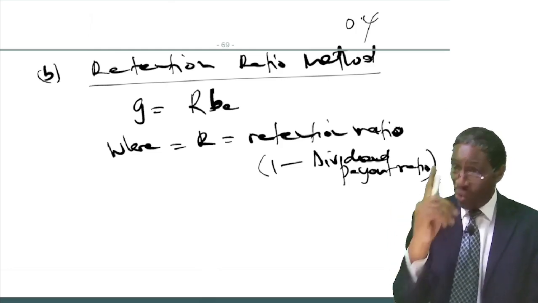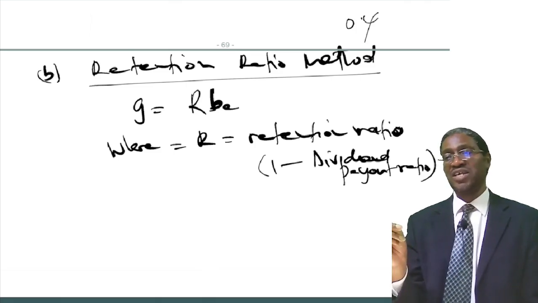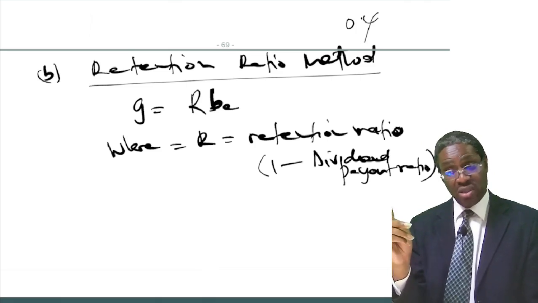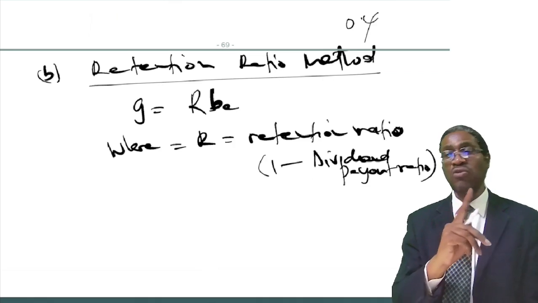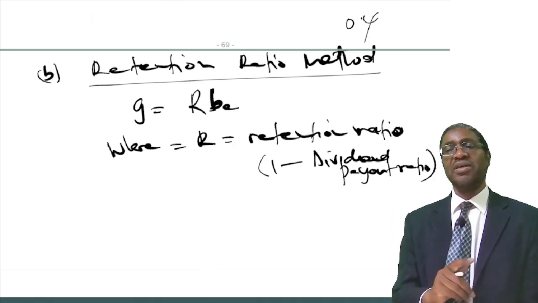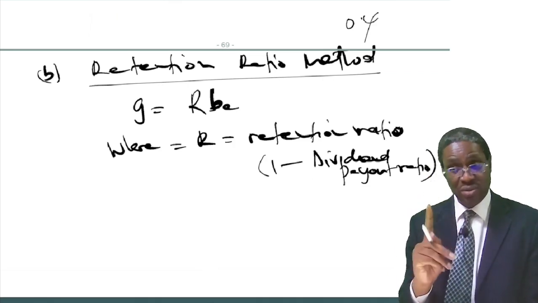So our total earnings were 5. That represents 1. If they distribute everything, there is no retention. Out of 5, if they distribute everything, then the whole 5 becomes the dividend payout. If they keep everything, then there is no payout.